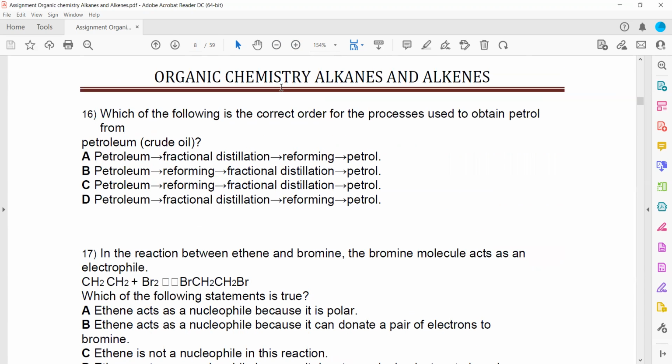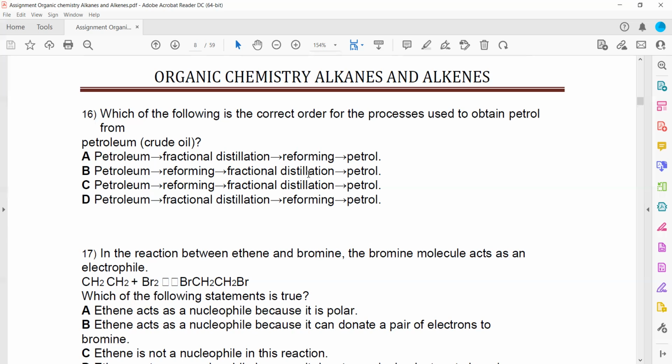Question 16. Which of the following is the correct order of processes used to obtain petrol from crude oil or petroleum? First, we have a crude oil. First we do fractional distillation. Petrol is actually octane.